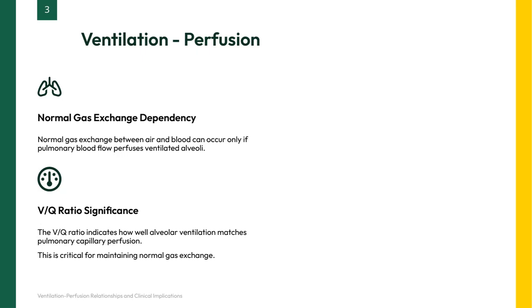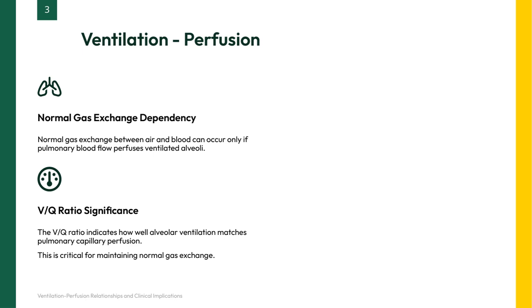When we talk about normal gas exchange, it's important to understand that it depends on the pulmonary blood flow reaching ventilated alveoli. In other words, air needs to reach the alveoli, and at the same time, blood needs to flow through the surrounding capillaries to pick up oxygen and get rid of carbon dioxide. This is where the ventilation-perfusion ratio, or VQ ratio, comes into play.